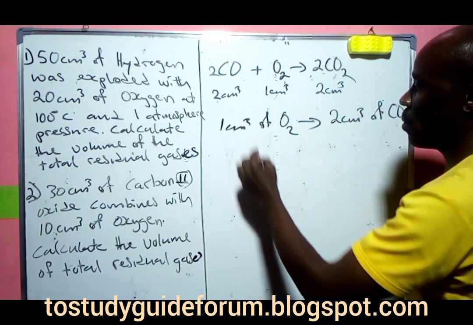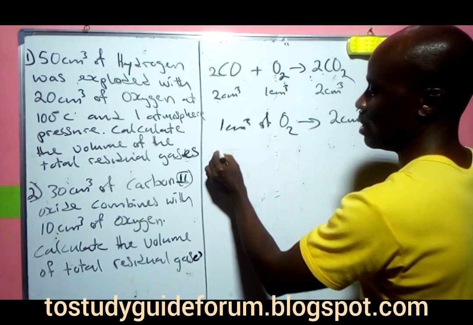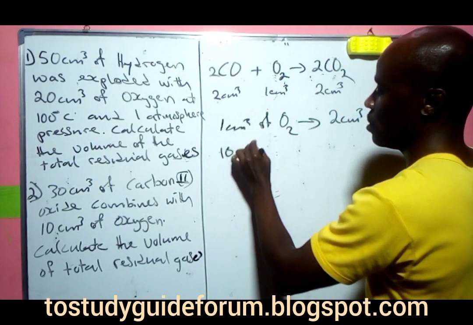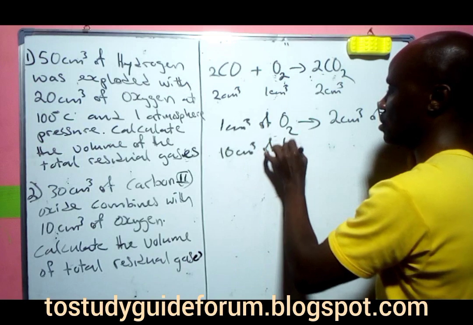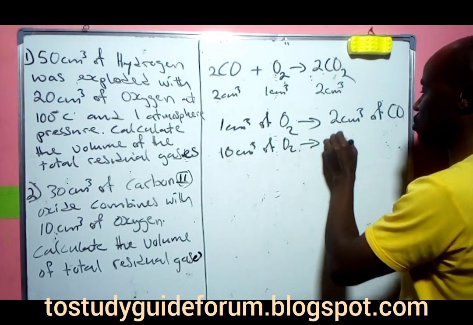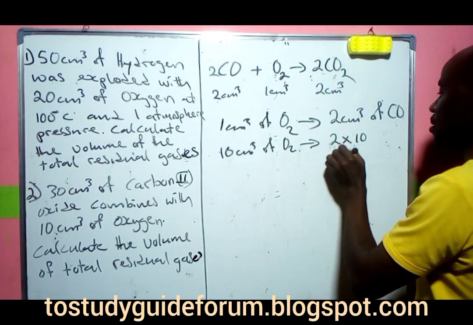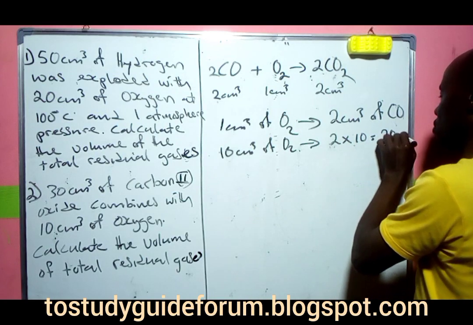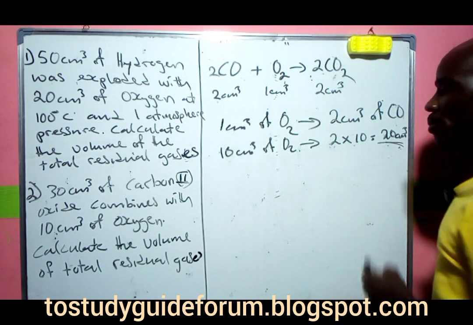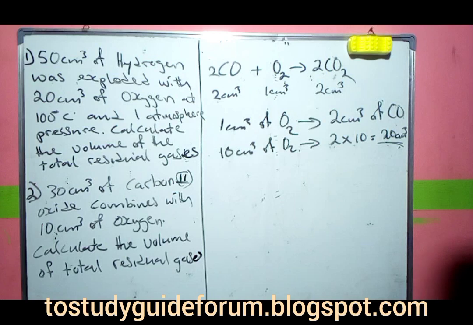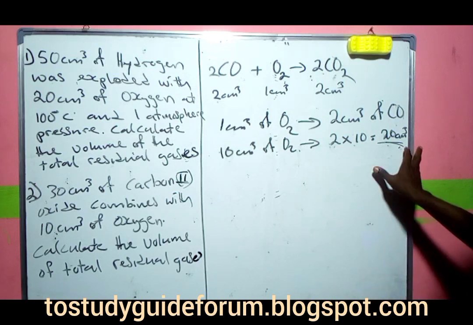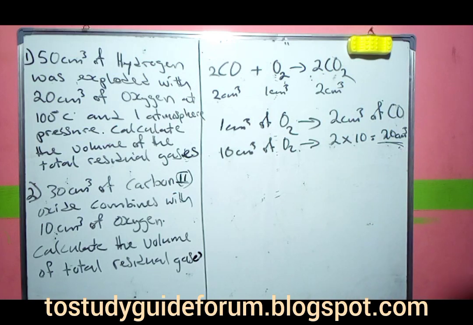If so, 10 cm cube of oxygen will also react with 2 times 10, that will give us 20 cm cube. 20 cm cube of what? It will react with 20 cm cube of carbon 2.